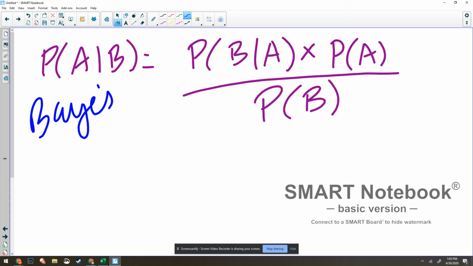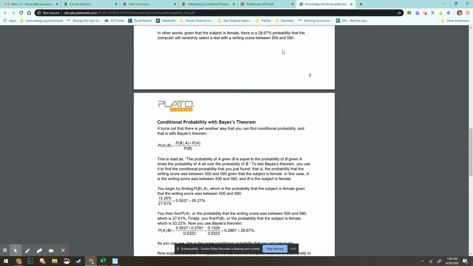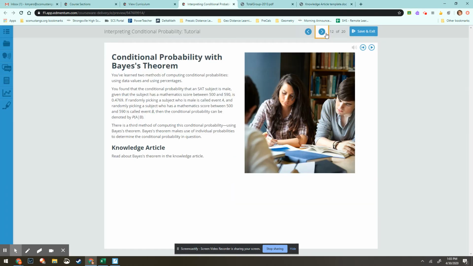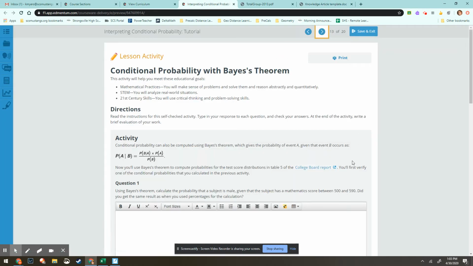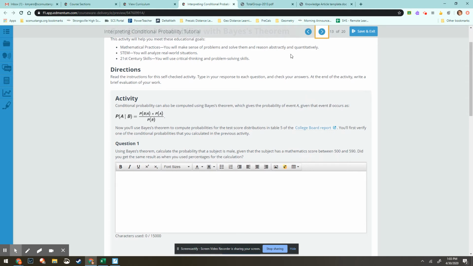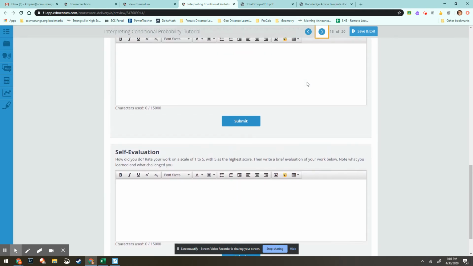Now, I don't know about you, but that seems like an awful lot more work to calculate because you have to calculate these three separate probabilities, and that's a pain. So we're actually not going to really do that too much because this next one is an activity, and it's still using that table 5. And so I'm going to actually go down to look at question number 3.